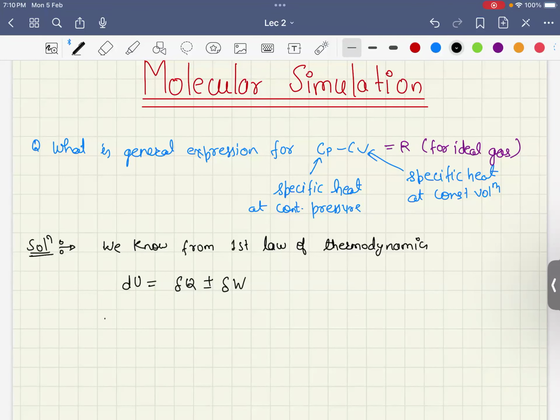If we consider work of expansion as negative, then we have dU equals del Q minus del W.